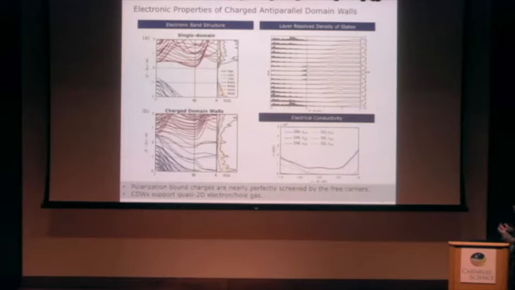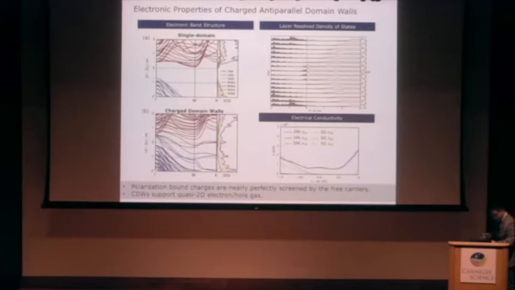So we think many hyperferroelectrics, in this case lithium beryllium antimony, are potentially ideal candidates to study high-density charged domain walls. They may also have potential device applications because of this quasi-two-dimensional electron and hole gas.